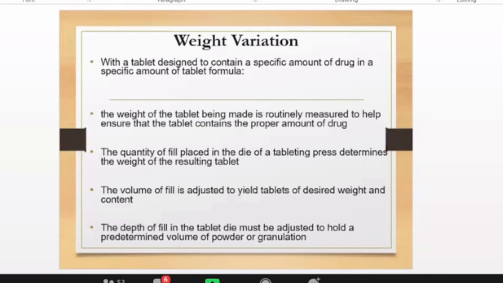But if one of the tablets hasn't passed, you are going to take 12 tablets. So 12 plus the initial 6 will make a total of 18 tablets.